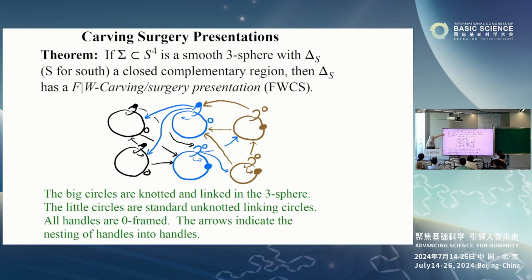The theorem is that if you have a smooth 3-sphere, then there's a carving surgery presentation that describes it. And furthermore, in a way that it's obviously a 3-sphere. I mean, the presentation might be a bit complicated, but at least you know what you've got is a 3-sphere.